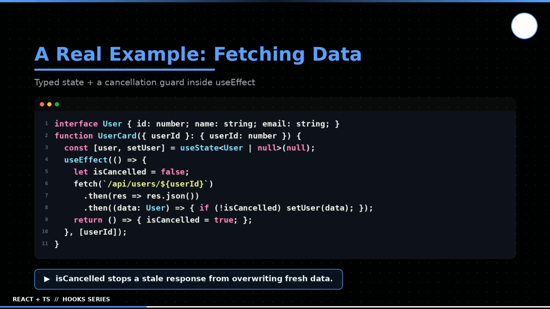If error, return p error. If not user, return null. Return the user's name and email in paragraphs.